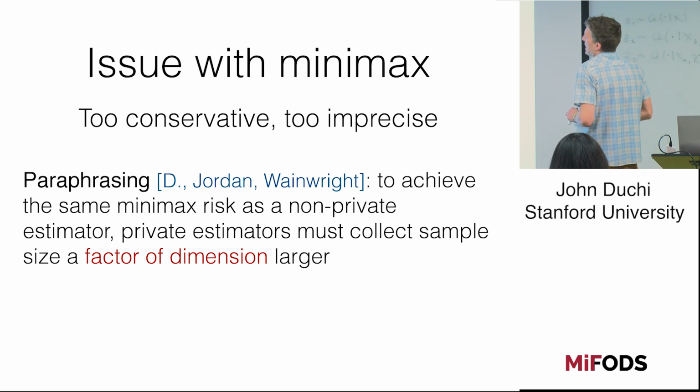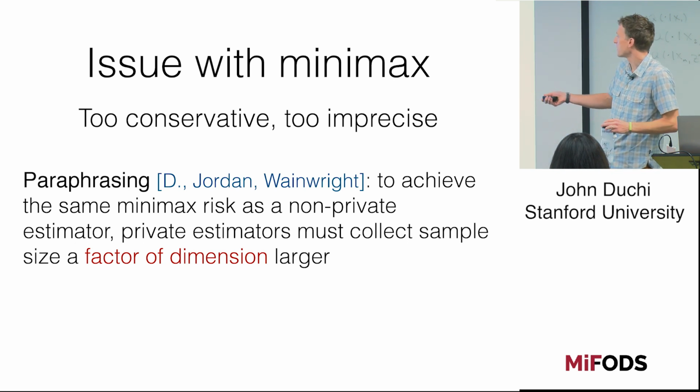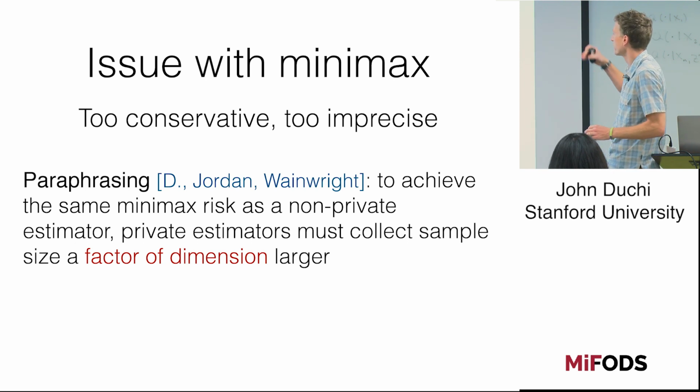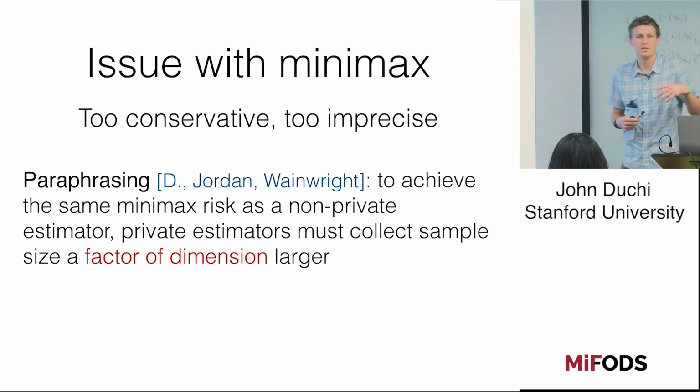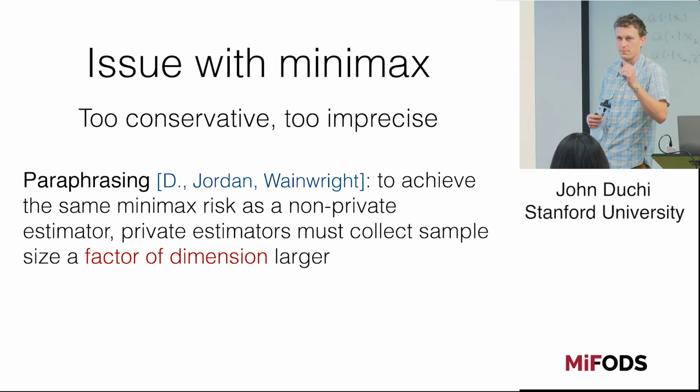Roughly, if you want to achieve a particular fixed error in your estimator, then a private estimator needs a sample size that is larger by a multiplicative factor of the dimension. So if you want to estimate a 5-dimensional parameter, you need a sample size that's 5 times what a non-private estimator would need. If you want to estimate a 100-dimensional parameter, you need 100 times the sample size.